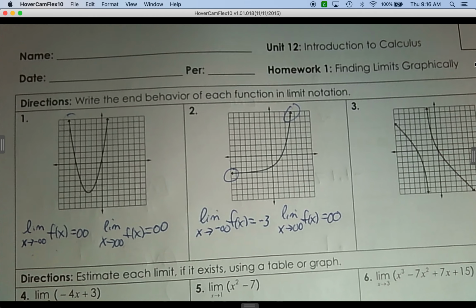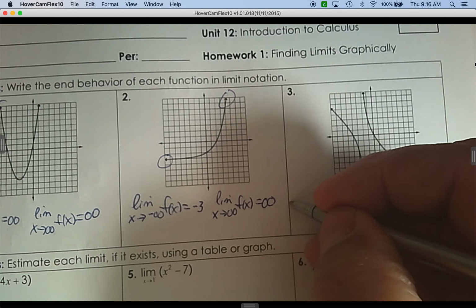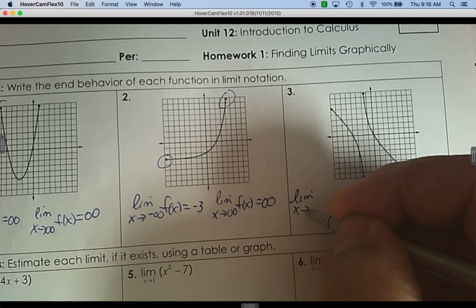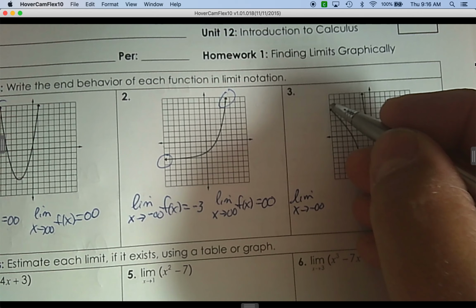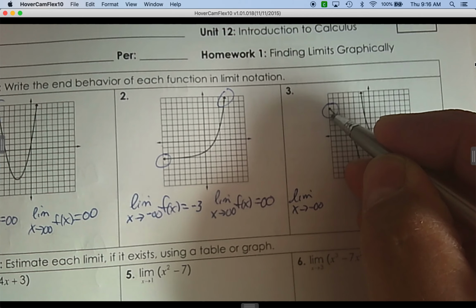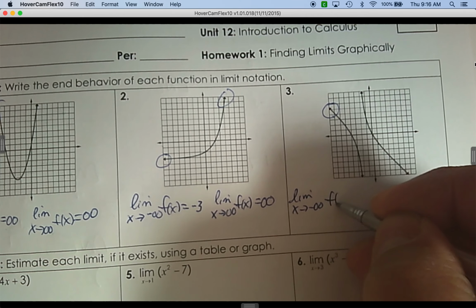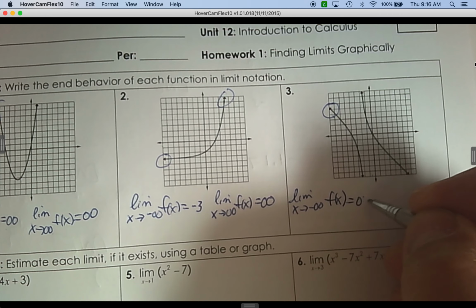So one more time, being able to be comfortable writing it in limit notation. We have the limit as x approaches negative infinity. That's the left. And I want you to notice the left here, not the middle part, but the left is going up. So that's of f at x, and that's equal to infinity.